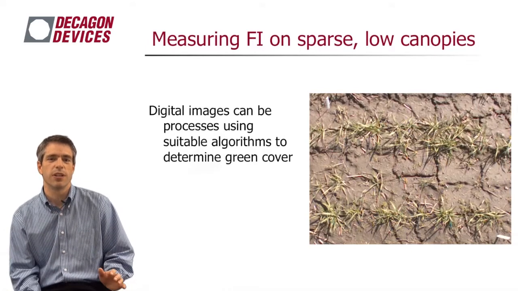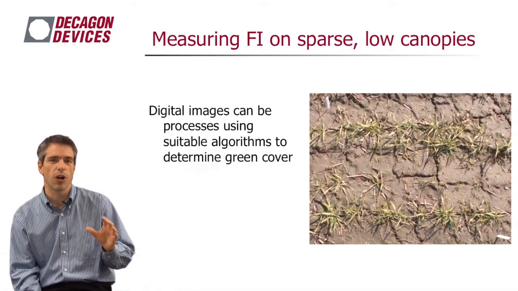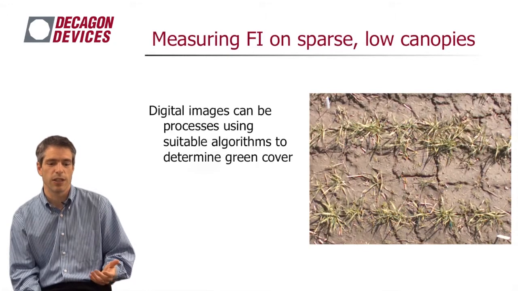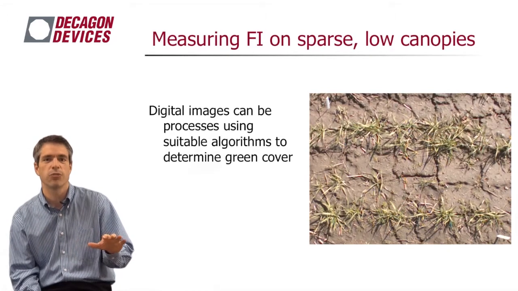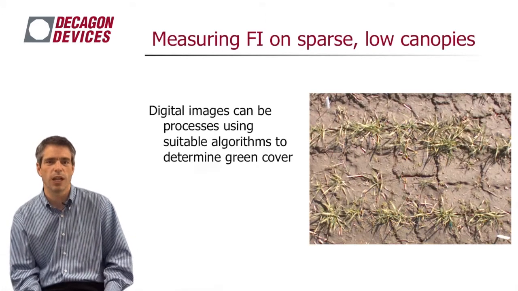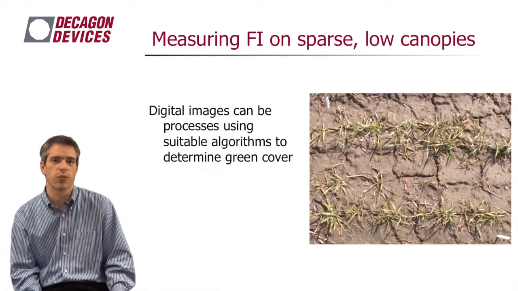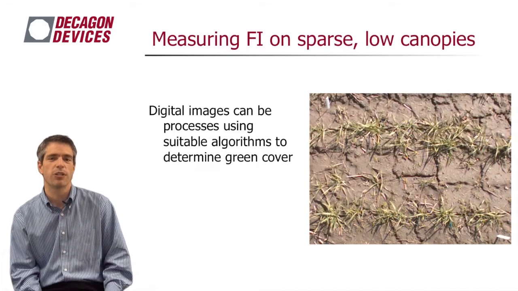One of the ways that we've worked with this before is actually to take a digital image of this surface, put it into something like a program that will analyze, Photoshop for example, the green versus brown pixels, and then do some analysis of the canopy cover, and you can actually get it from there. There are also programs out there that you can purchase that will do this analysis for you. So you can collect your canopy cover in that method too when you have very sparse canopies.